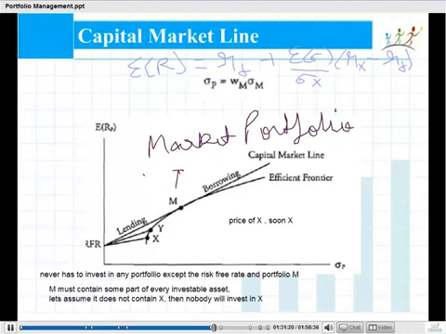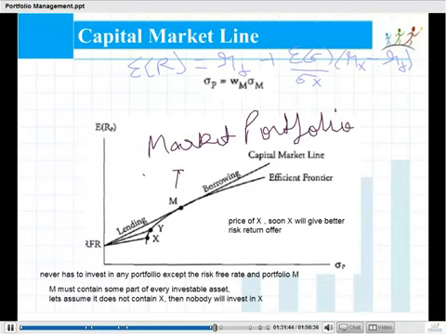Soon, X will start giving a better risk-return profile than the other assets because its price has fallen so much. Hence, this situation is inconsistent.